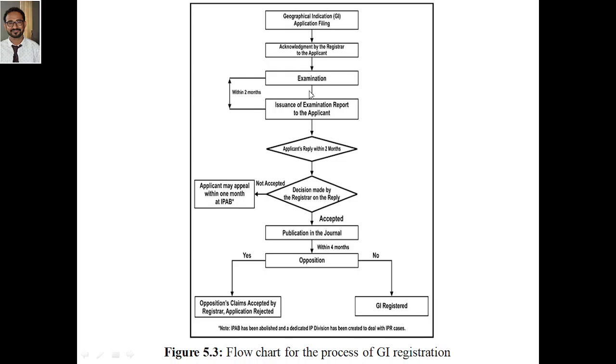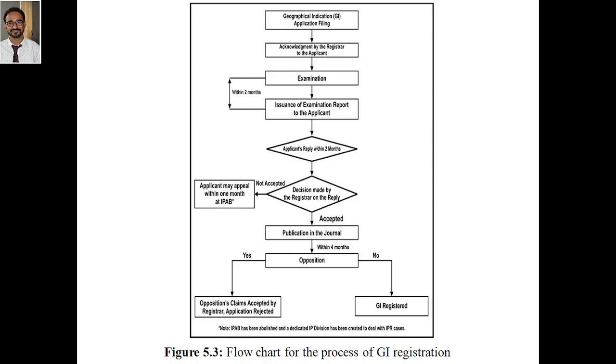So in this step, if the decision made by the registrar on the reply is not favorable, or they are not satisfied with the results, then it will not be accepted, and the applicant then has to appeal within a month at IPAB. IPAB stands for Intellectual Property Appellate Board.